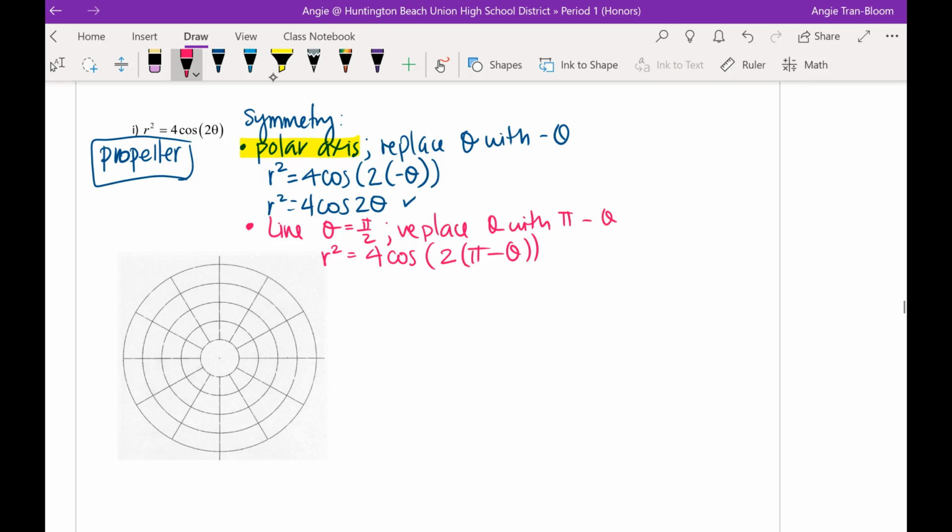Ooh, difference of the cosine? So this is r squared equals 4 times cosine of 2 pi minus 2 theta, right? What's this difference of cosine identity? Cosine 2 pi... I know, me neither. That's okay, me neither. Cosine 2 theta.